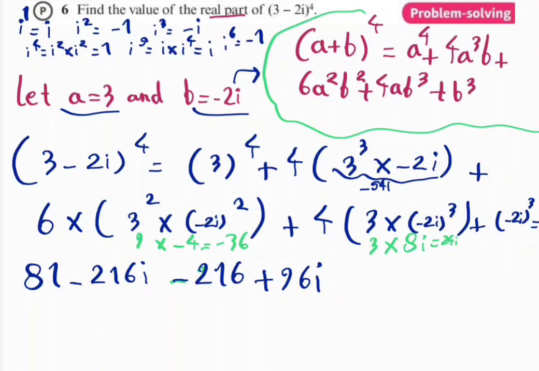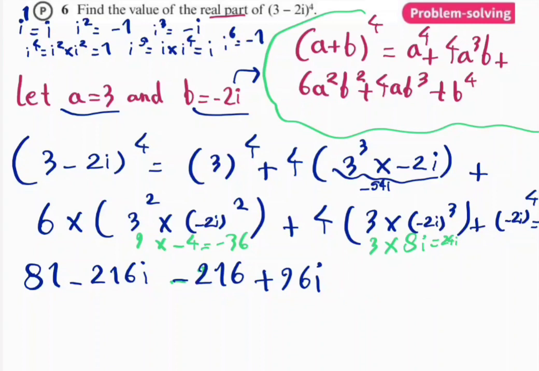And finally, the last one, which is (minus 2i) cubed, equal to minus 8 times minus i, which is plus 8i. Sorry, here it should have been b to the power of 4, not b cubed, which changes the last bit, which is (minus 2i) to the power of 4.